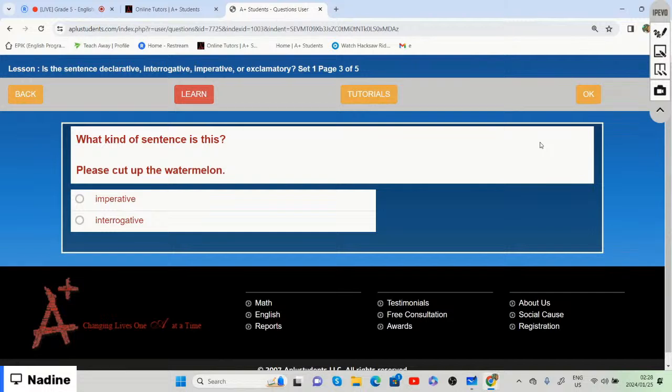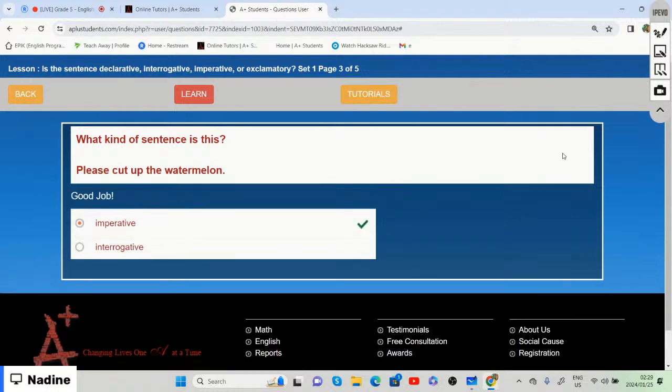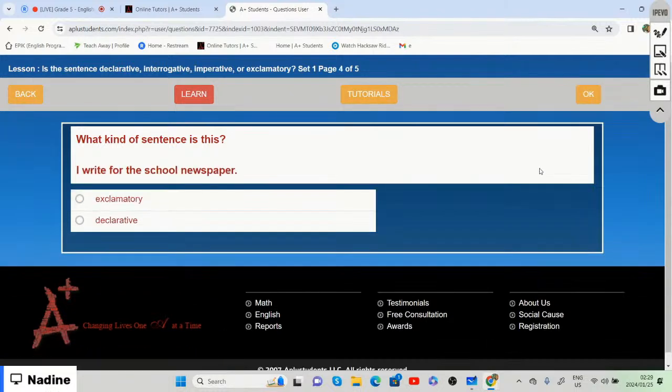All right, so if we choose the correct one, we will say it is an imperative sentence, because an interrogative sentence ends with a question mark. So imperative it is. So well done.